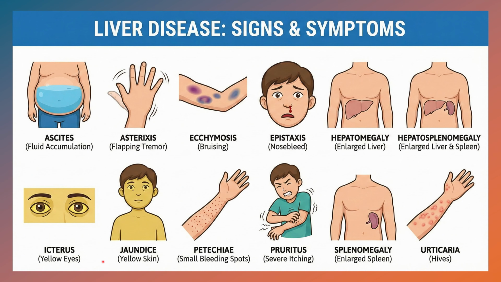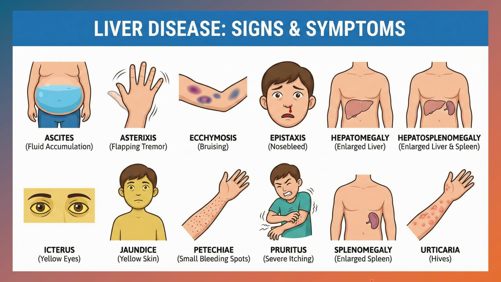So jaundice is the yellowish skin color caused by the liver's inability to break down the bilirubin. Petechiae are small round spots on the skin caused by bleeding. So it's a clotting issue.